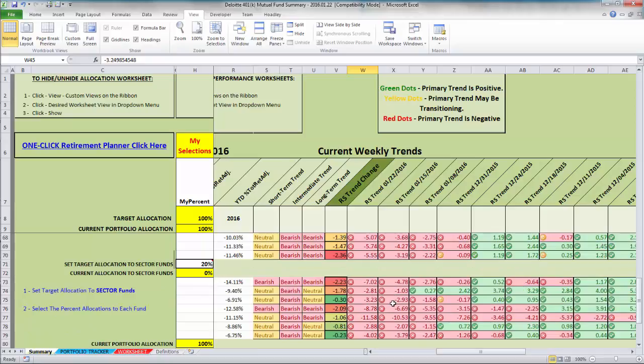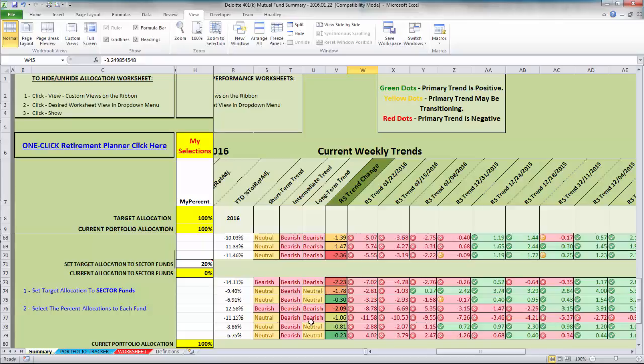Some of the stronger ones that have had less carnage seem to be the sector funds at the bottom. The relative strength scores are generally a little bit closer, and those may turn around first, and you can see which of these sectors will start out of the gate the strongest.